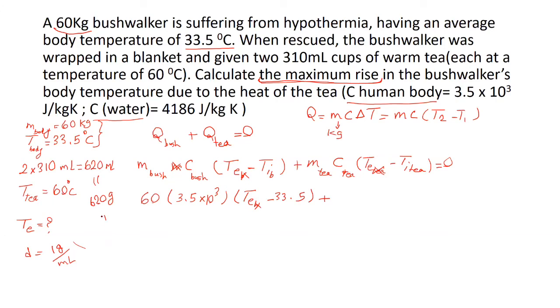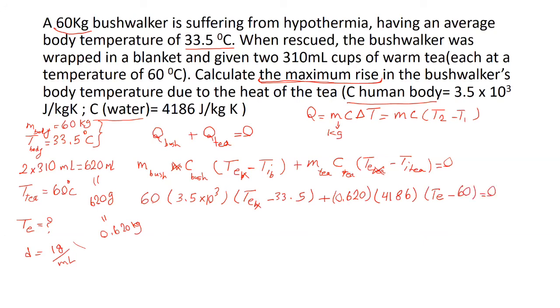That is equal to 0.62 kilograms. So this is the mass of tea. I just put it in brackets, 620. C for tea is like water, because most of it is water, so 4186. TE is something that we want to find, and TI for tea was 60.